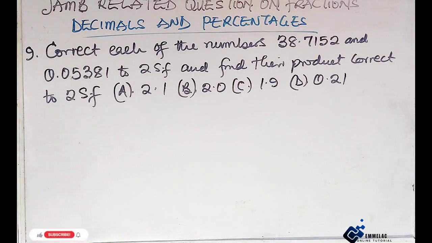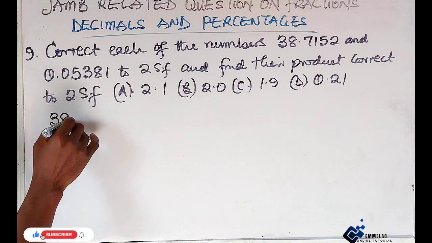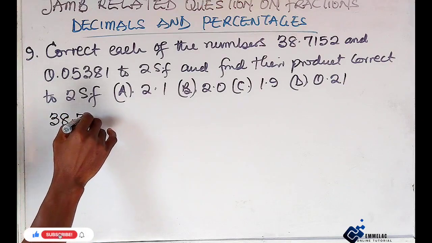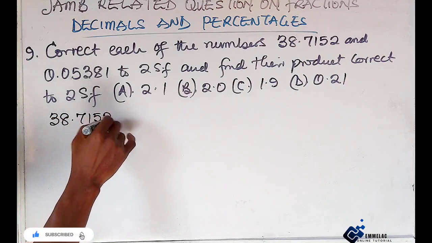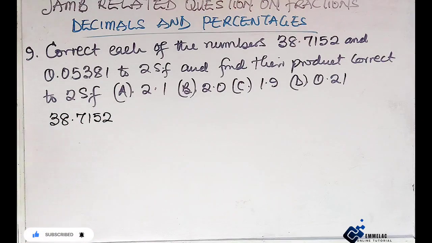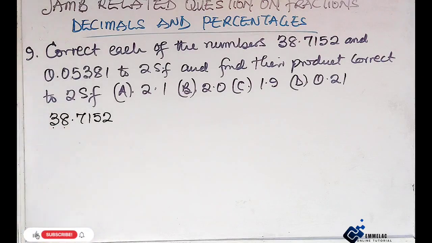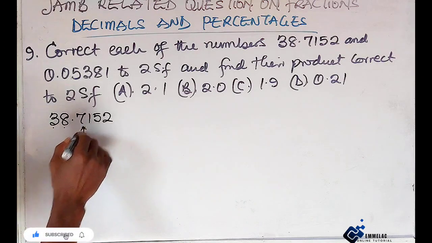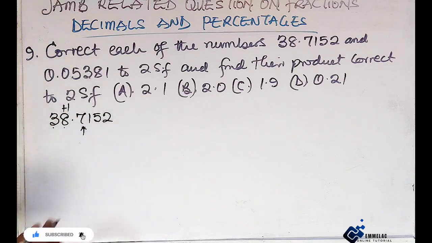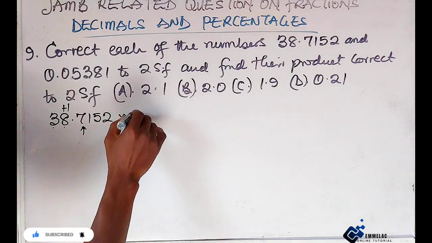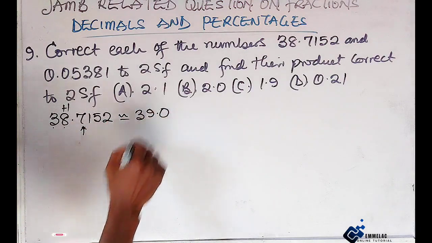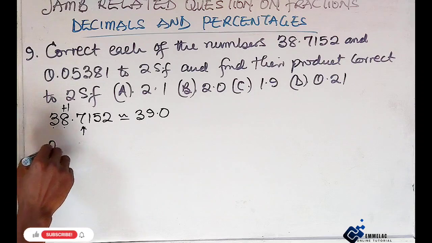First of all, we take 38.7152 and approximate this to 2 significant figure. Here you have 1 and 2. The next number is 7, which is up to 5, so you round it up, it becomes 1. You add it to 8, so it ends up becoming 39.0.